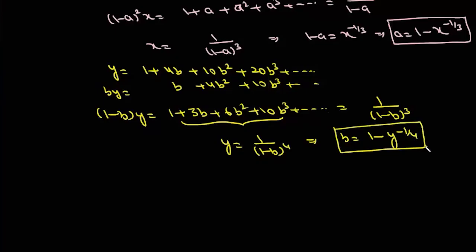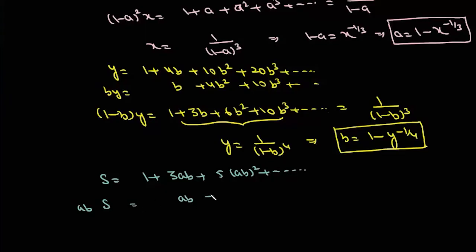So we have the value of a and b. Now we have to find the sum of this series, which is 1 plus 3ab plus 5ab square up to infinite in terms of x and y. So again we write the same series and multiply it with common ratio ab and displace it by 1.